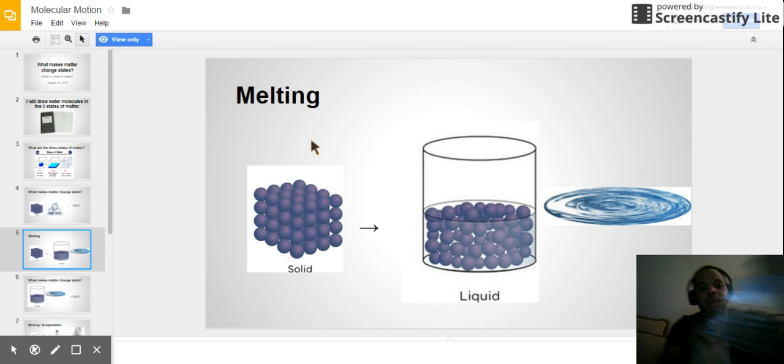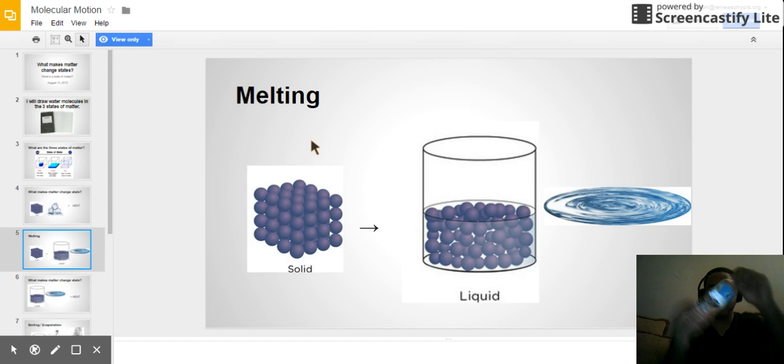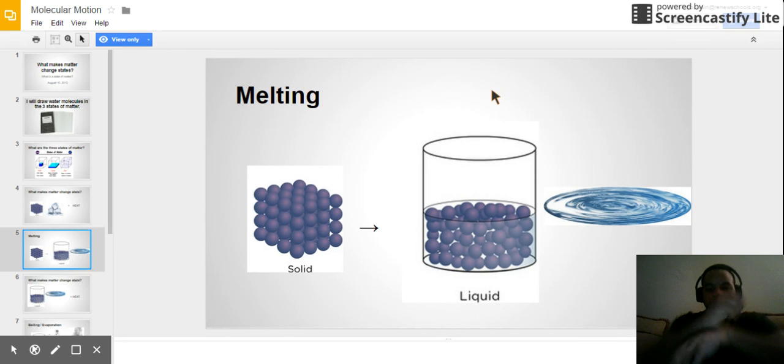If you see in my bottle, it's liquid inside now. If I had ice cubes in this bottle before and I added heat to the bottle, it'll form into liquid. Liquid molecules are close, but not as tight as solids. They're spaced out a little bit, giving a little free space.